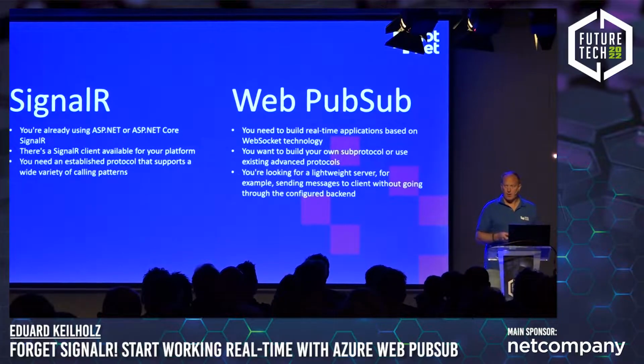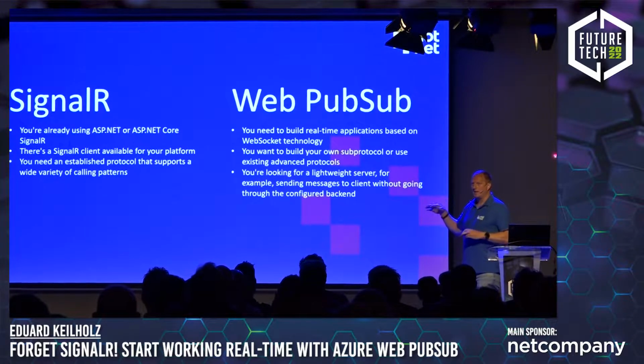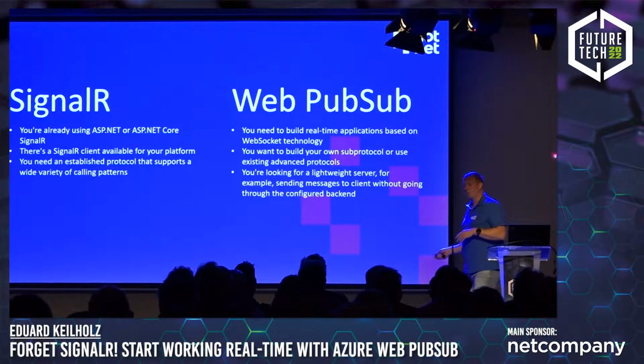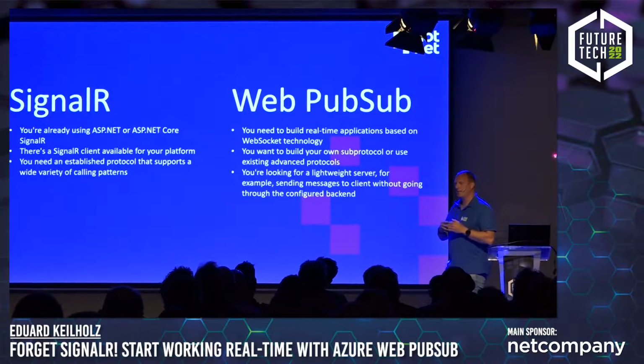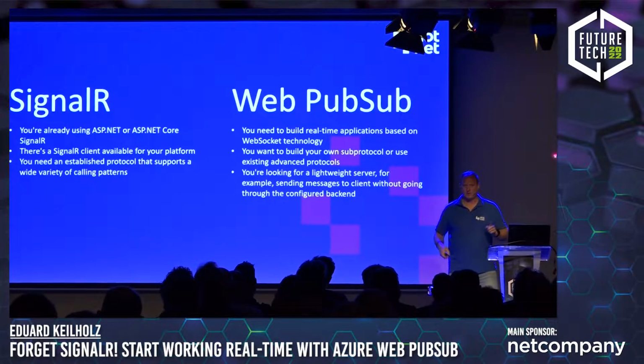If you are now planning to start working with a real-time solution, then PubSub might be a good option for you. I didn't do a fair benchmark, but I found that Web PubSub is slightly faster. But once again, I did not benchmark this, so there's no evidence of that.